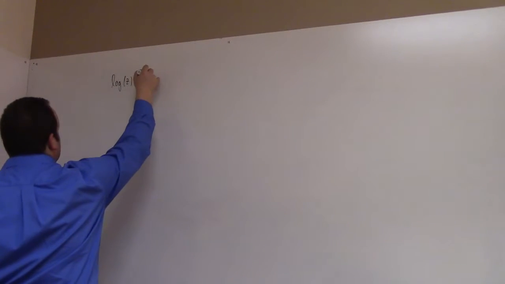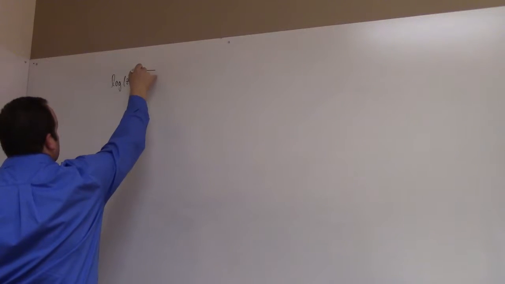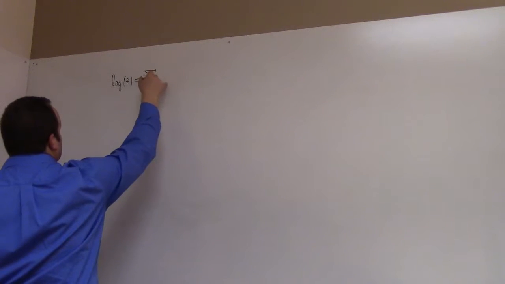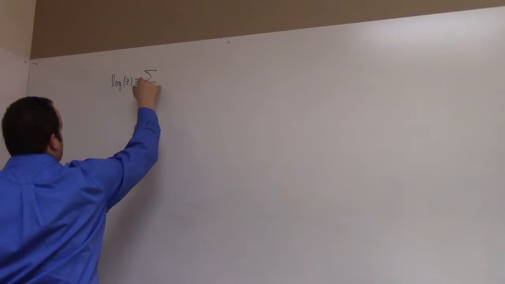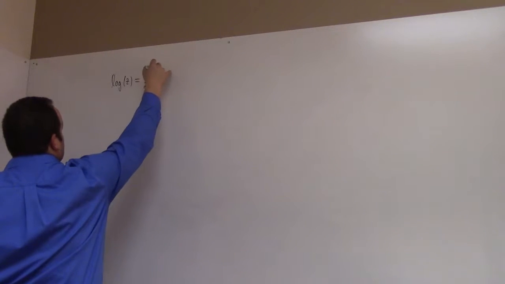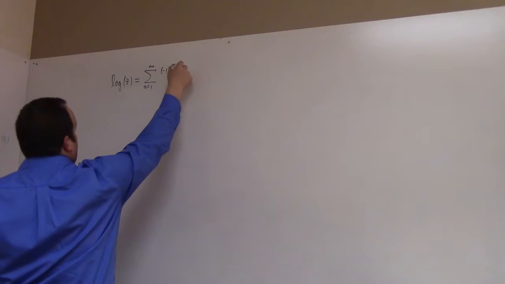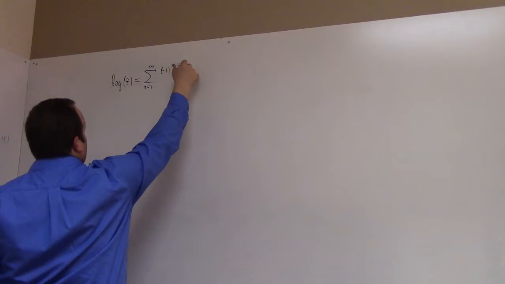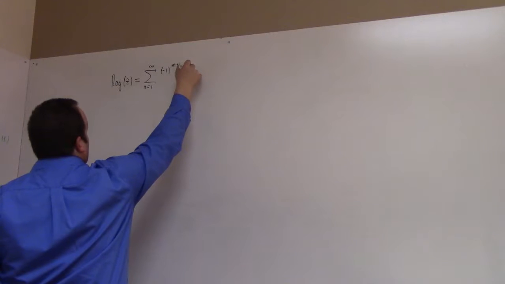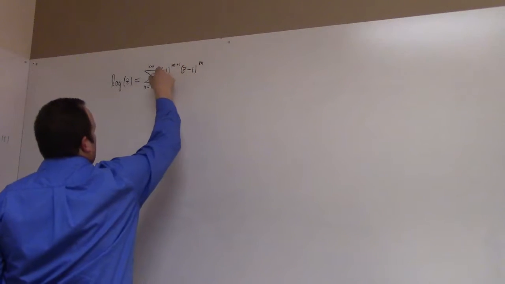Said in section 2, it's the sum from m equals 1 to infinity of minus 1 to the m plus 1 times z minus 1 to the m over m. Z minus 1? Yeah. I think that's how he defines it. Oh, yeah, okay, fine.